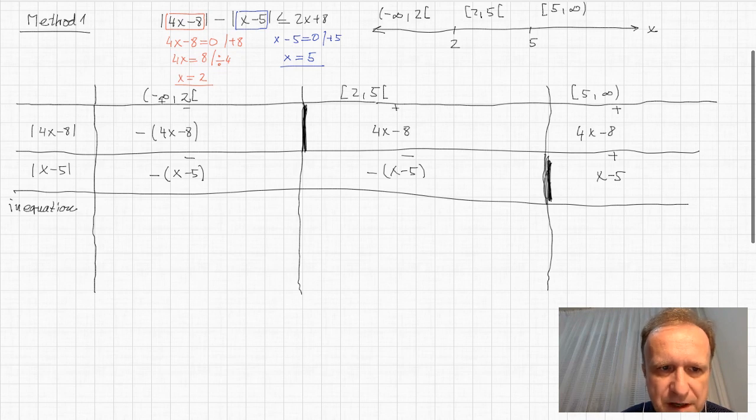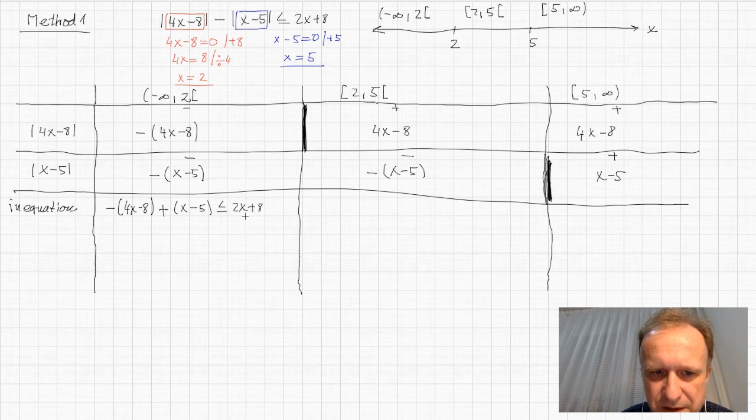Instead of this I write minus brackets 4x minus 8, like this, minus, and now this expression with modulus is replaced by this expression with minus in front. So therefore it's going to be minus minus, which is plus brackets x minus 5, and this has to be less than or equal to 2x plus 8. So this is the first inequation.